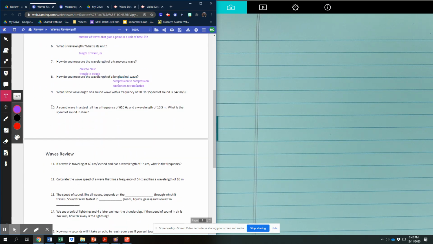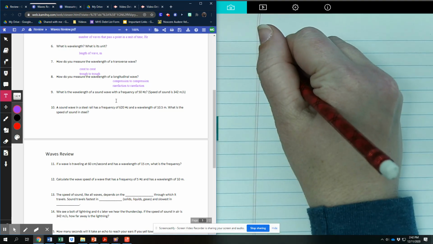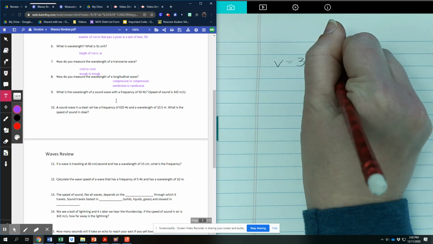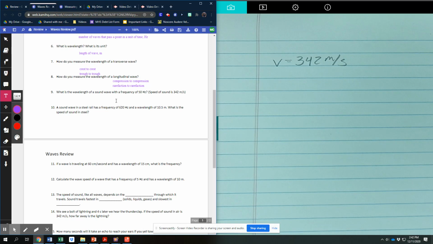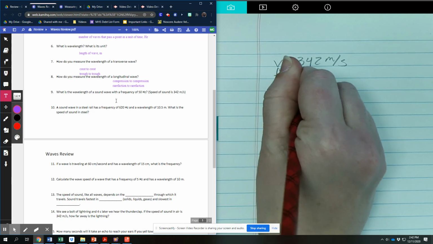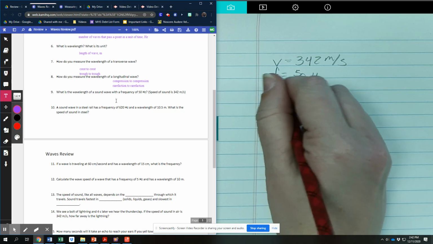Okay, number 9 says, what's the wavelength of a sound wave with a frequency of 50 hertz? The speed of sound is 342 meters per second. So we know speed of sound. We know the frequency. We need the wavelength.